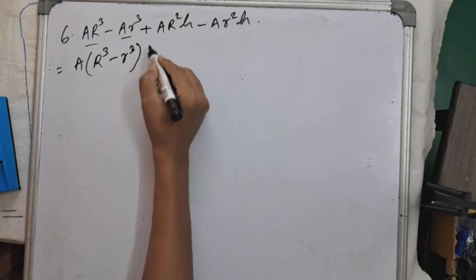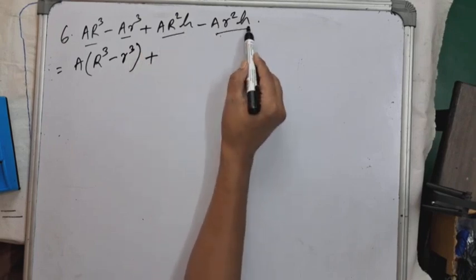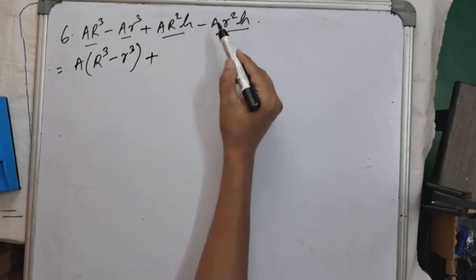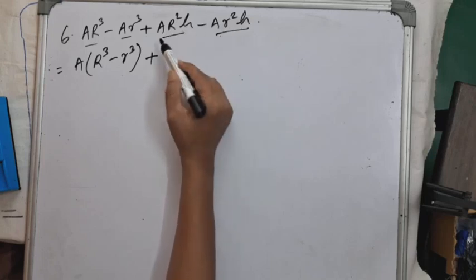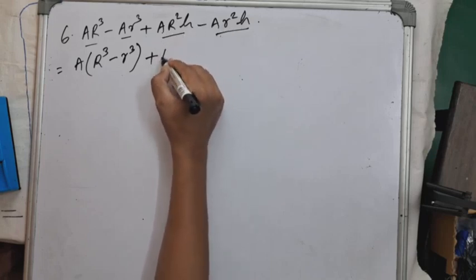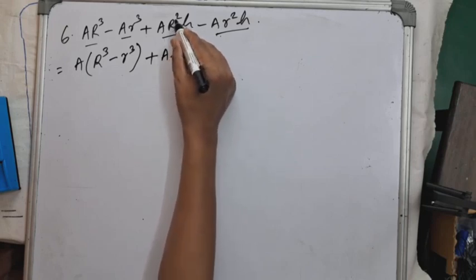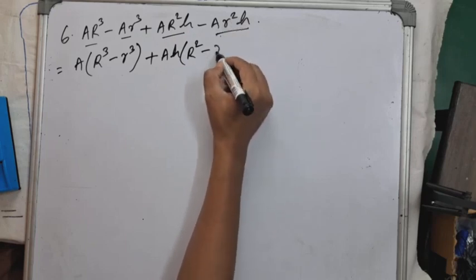Plus, in these two terms we have capital A small h, capital A small h common in both the terms, isn't it? So we can take the common number out, A h, and within the bracket we have capital R square minus small r square.